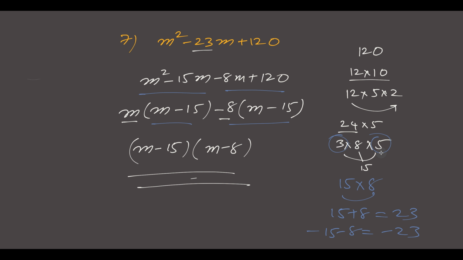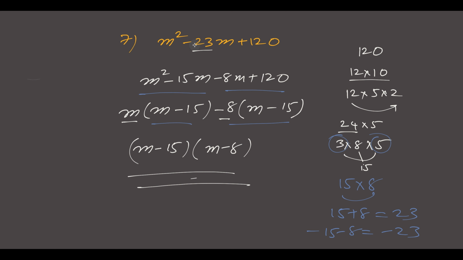Because this 3 we multiplied with 5, which is 15. 15 into 8 is again 120, but what we got is minus 15 minus 8, going to be minus 23. That's how we try to solve gradually. So don't think that you have to get 15 and 8 the very first time. Gradually you have to take one number at a time and try, so that the addition or subtraction of two numbers is 23.